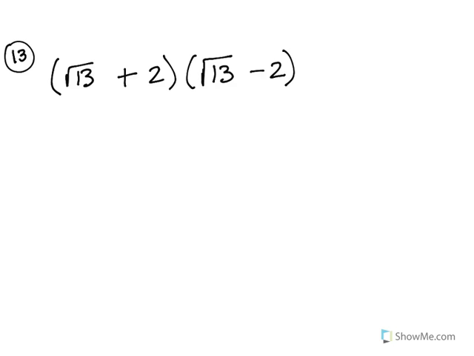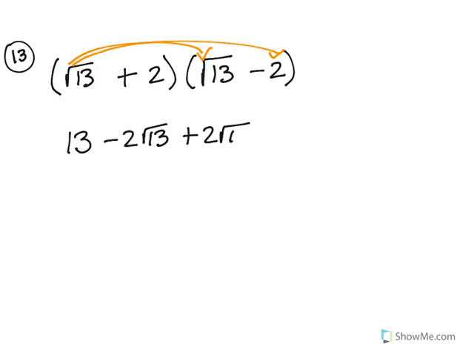What if we had the square root of 13 plus 2 times the square root of 13 minus 2? Would the same thing happen on this one? Would our middle cancel? Yes. Same numbers, different signs, my middle will cancel. So when you multiply the square root of 13, good, minus 2, and then you got a plus 2 square root of 13s, and then the last is a -4.